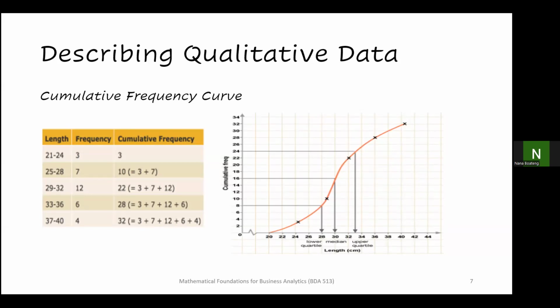All that you need to do is just count them, put them into groups, and then add them up as you go along, just to get your cumulative frequency, and that will enable you to plot your cumulative frequency curve. So whether you are using it for qualitative or quantitative data, what we are saying is that the cumulative frequency curve is one of the ways you can use in describing qualitative data.